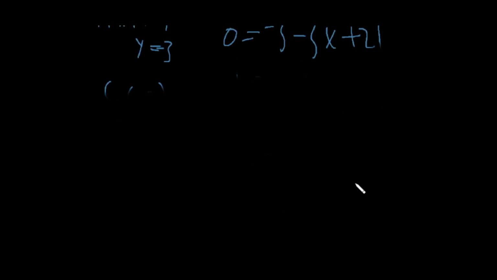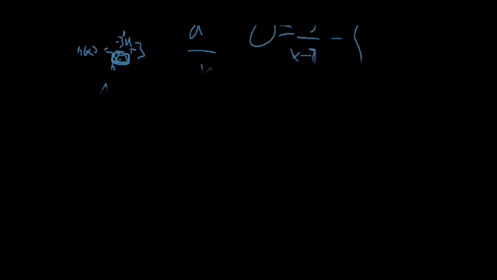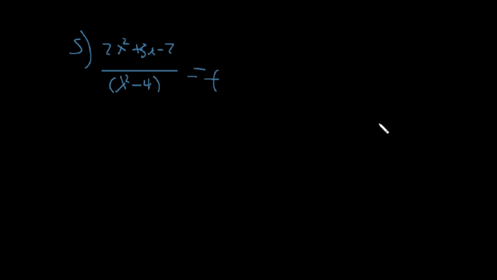On to the last problem, number 5. It says state the coordinates of any holes and the equation of any asymptote for the graph. So we got 2x squared plus 3x minus 2 over x squared minus 4 equals f of x.